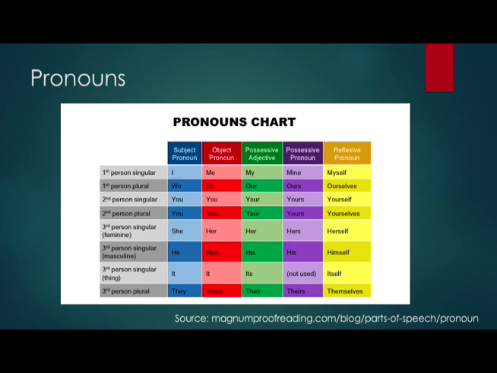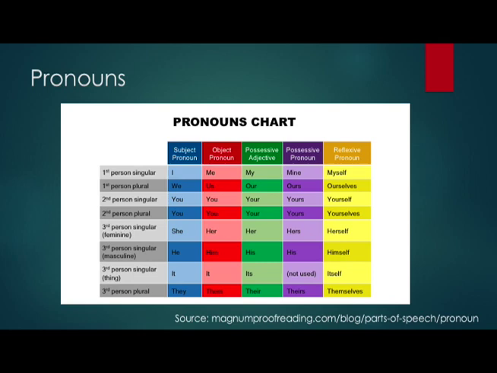So I would say, "I see her." Here "I" would be the subject, "see" the verb, the predicate, and "her," the female person I'm seeing, is the direct object, in this object pronoun.